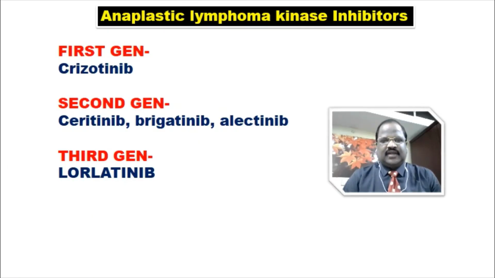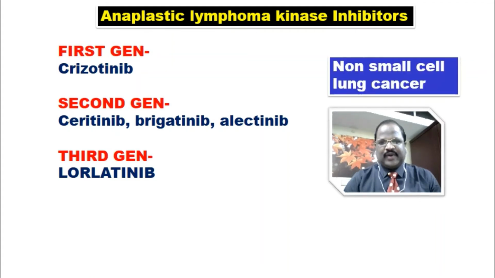Hi. In this video, we are going to discuss small molecule inhibitors. In that, first we are going to discuss anaplastic lymphoma kinase inhibitors. These are a newer group of drugs useful for treatment of non-small cell lung cancer. There are three generations of anaplastic lymphoma kinase inhibitors.